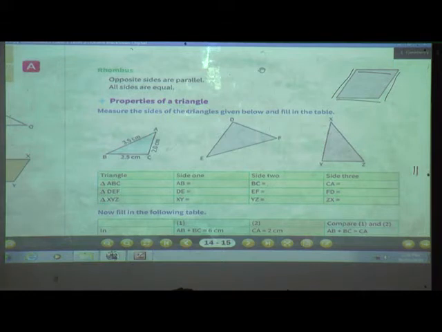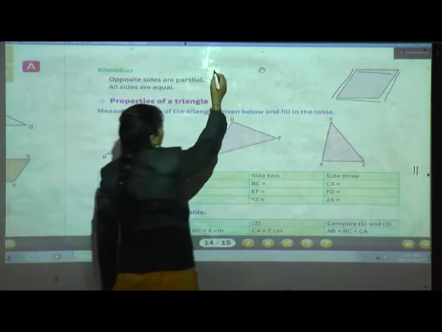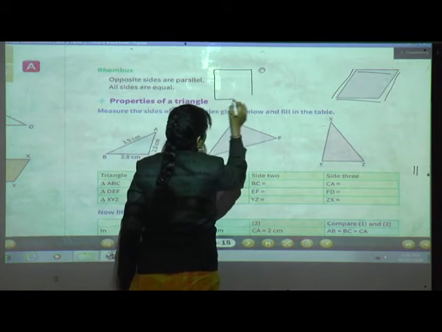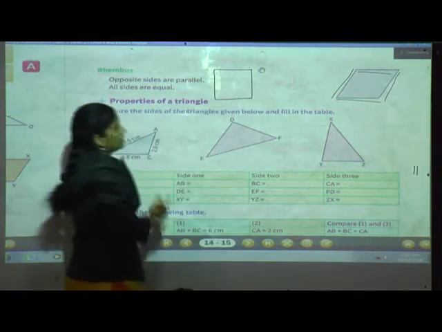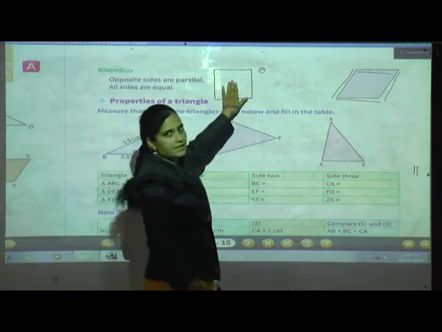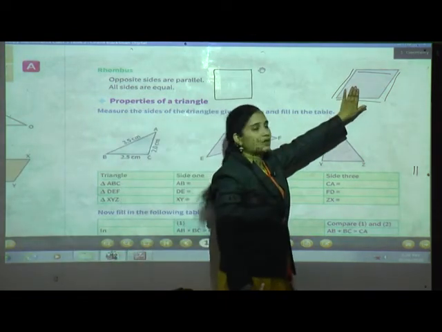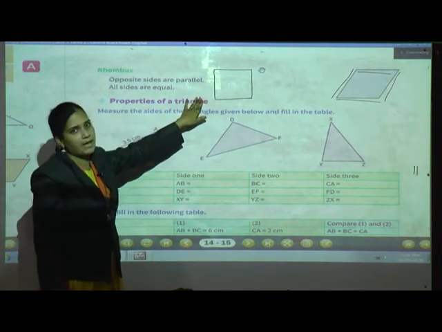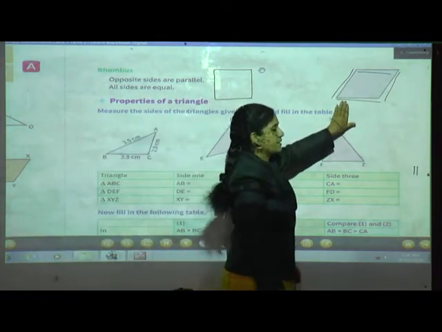So, will you tell me what is the difference between square and rhombus? This is a square and this is a rhombus. Here also all sides are equal. Even in the rhombus all sides are equal. Here opposite sides are parallel. Here also opposite sides are parallel.